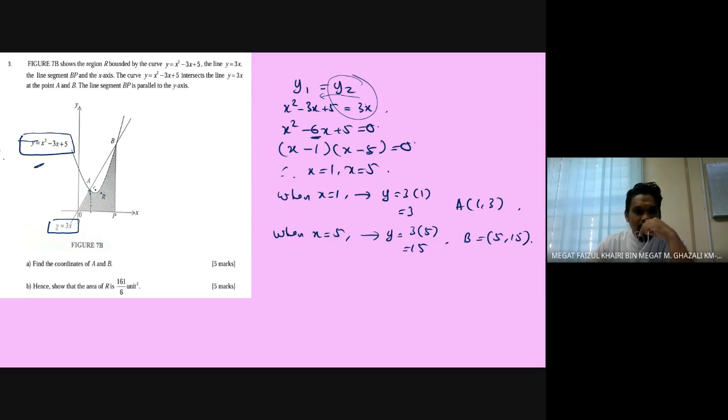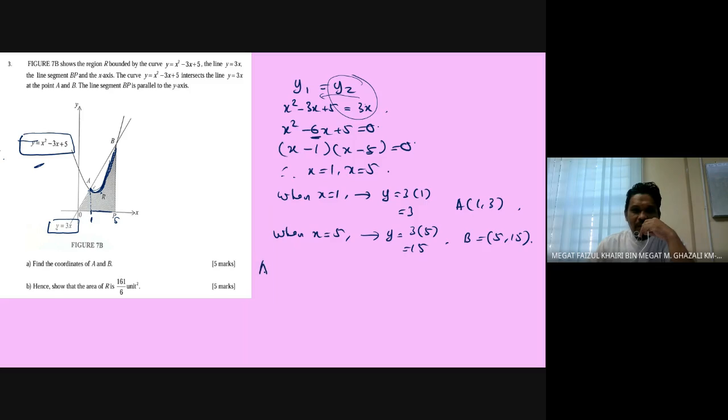Because the first area is bounded by the curve of y equal to x squared minus 3x plus 5, from x equal to 1 until x equal to 5, between this curve and the x-axis.